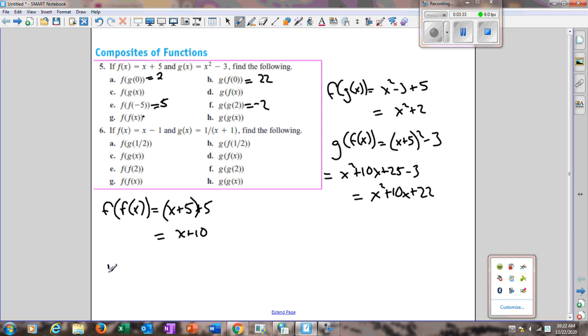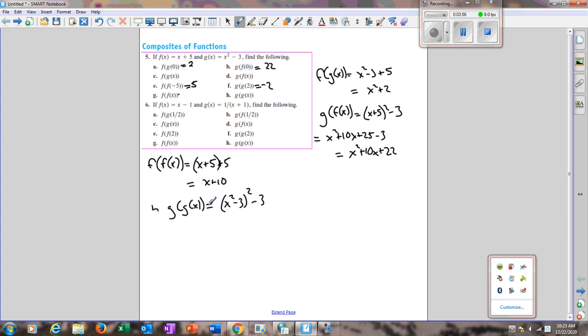In part H, this is g of g of x. So when I do that one now, I get x squared minus 3 plugged in for x. So now I have to square the x squared minus 3.